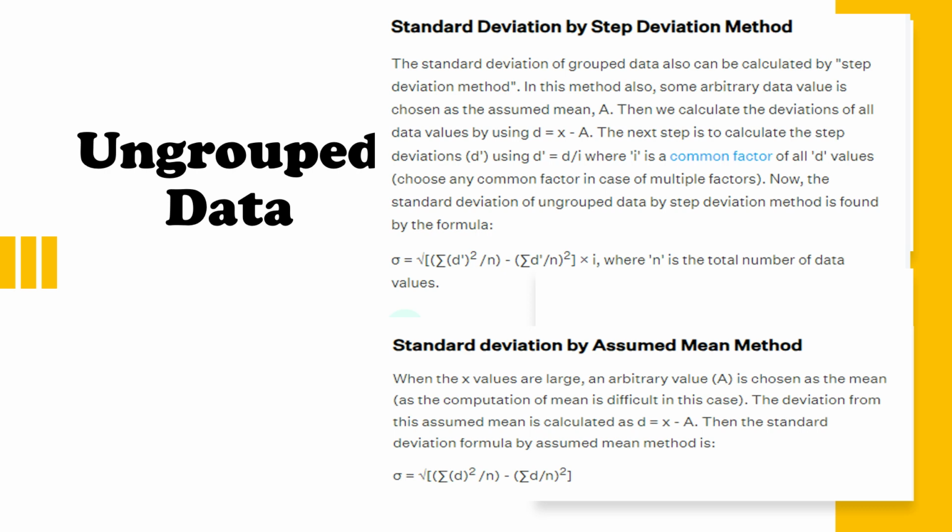When the x values are large, an arbitrary value a is chosen as the mean, as the computation of the mean is difficult in this case. The deviation from the assumed mean is calculated as d is equal to x minus a. Then the standard deviation is found from the same formula that we used for the step deviation method.